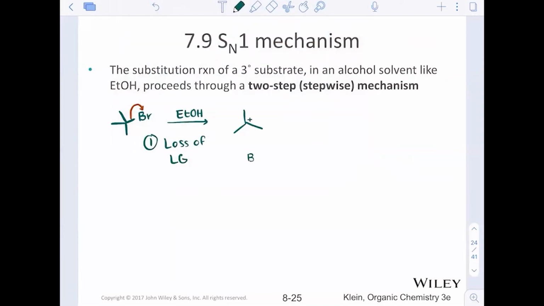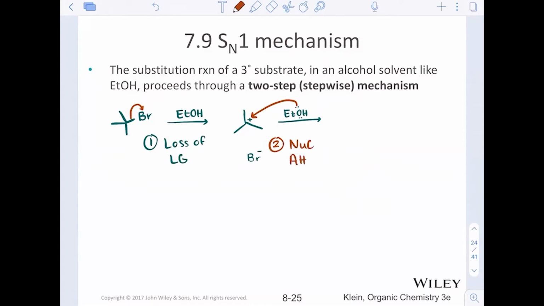I'm going to write Br minus down at the bottom so that it's not clouding my view of the next steps. We want to think about the nucleophilic attack coming in next. Ethanol is going to come in for our second step of nuke attack.